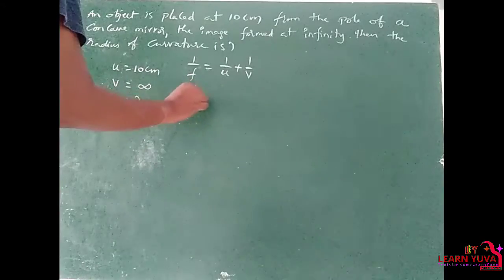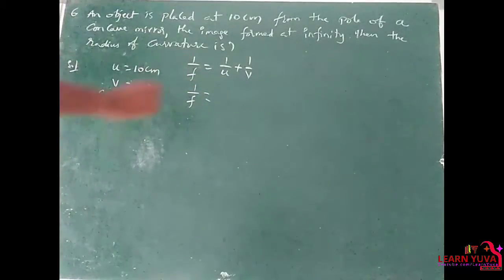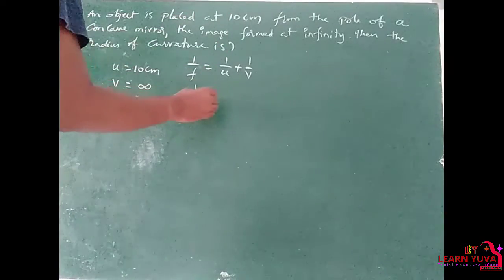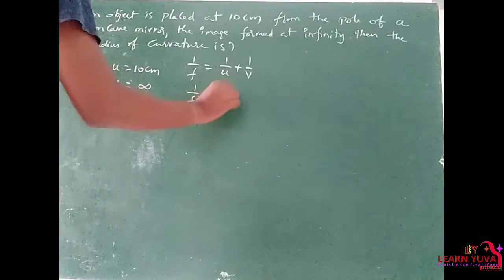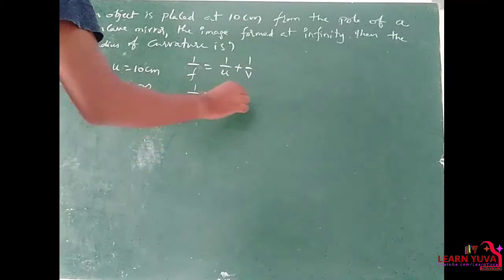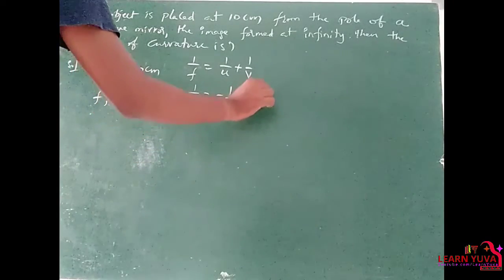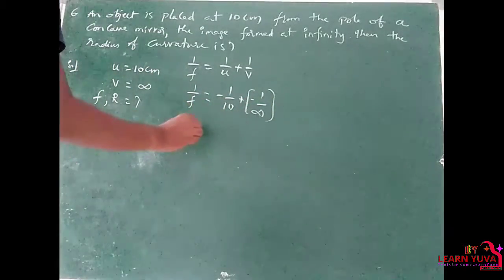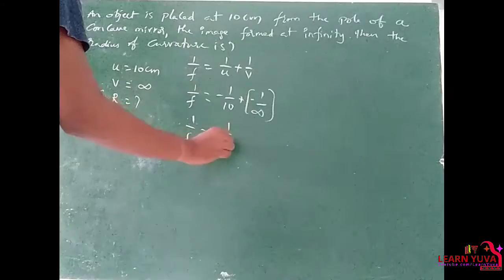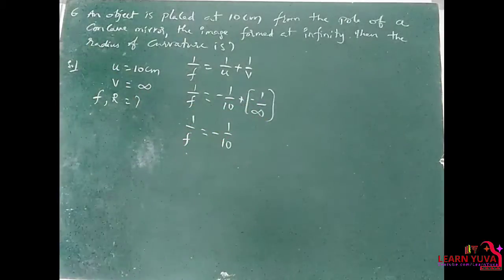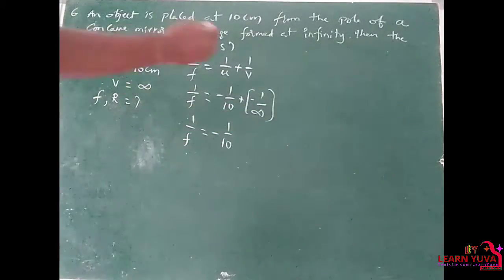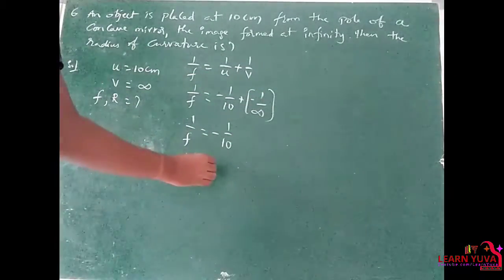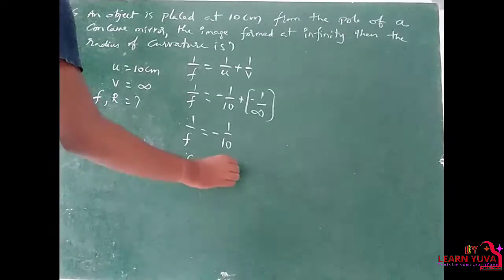So 1 by f is equal to minus 1 by 10 plus 1 by infinity. So 1 by f is equal to minus 1 by 10, since infinity we can neglect, so we can neglect the v value. So f is equal to minus 10 centimeters.